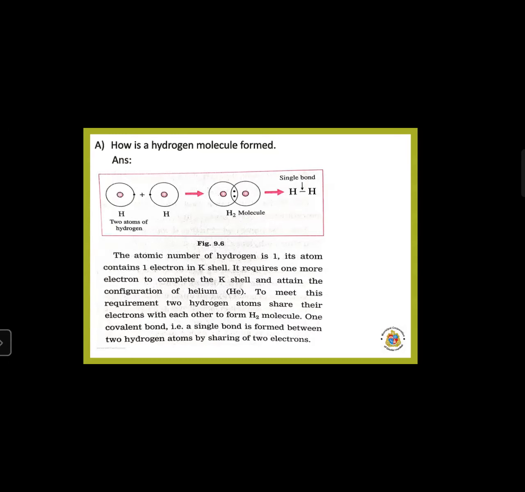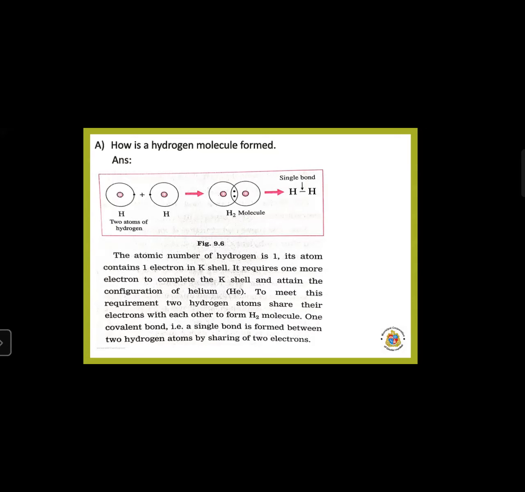The atomic number of hydrogen is 1. The atom contains one electron in the K shell. It requires one more electron to complete the K shell and attain the configuration of helium. To meet this requirement, two hydrogen atoms share their electrons with each other to form a hydrogen molecule.